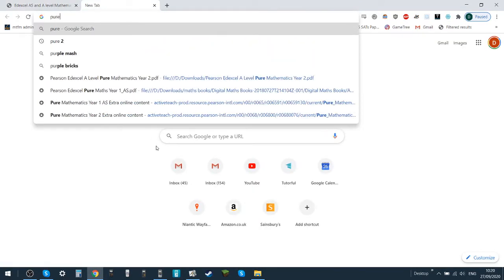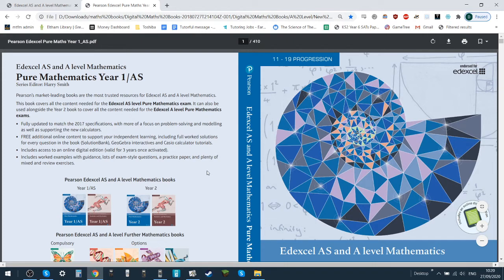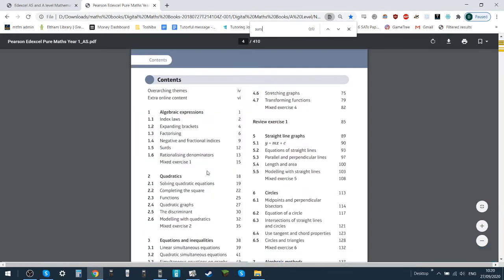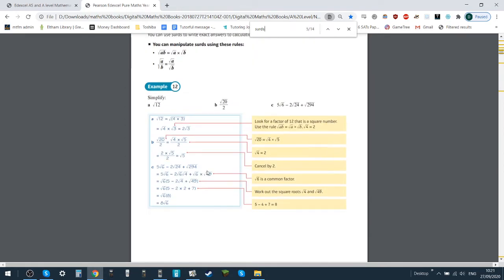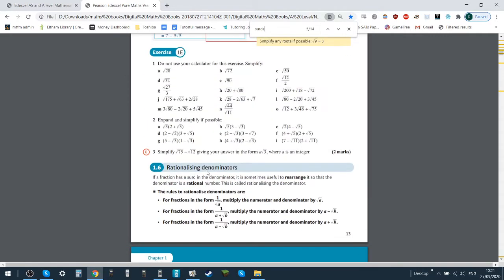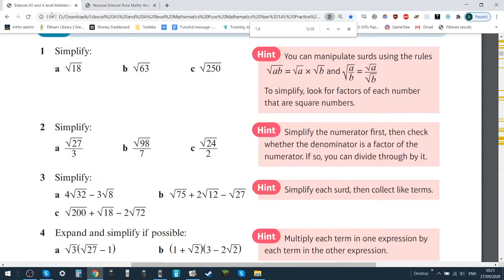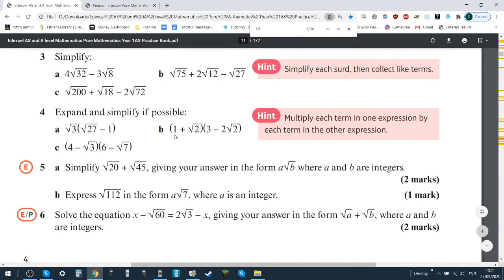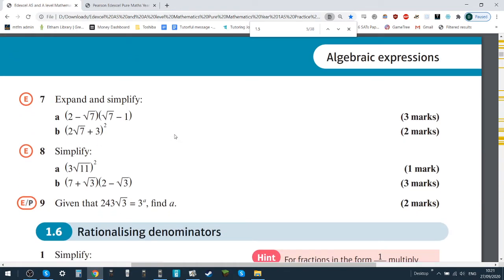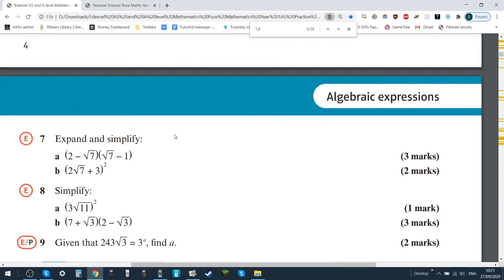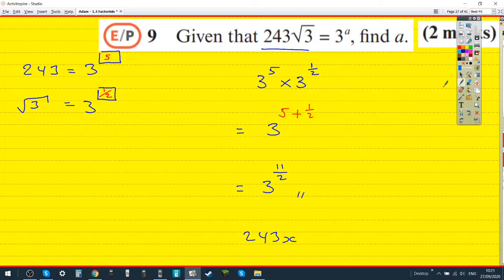Let me look at the other one. Oh, that's useless. No wonder. Are they gonna make me come up with my own one? There. I'll come up with my own one.